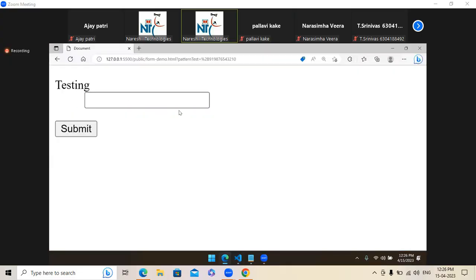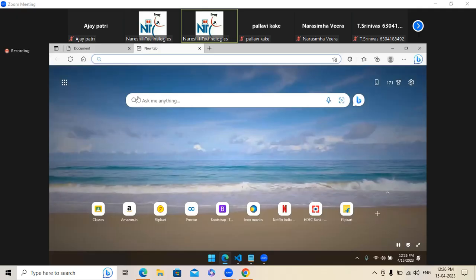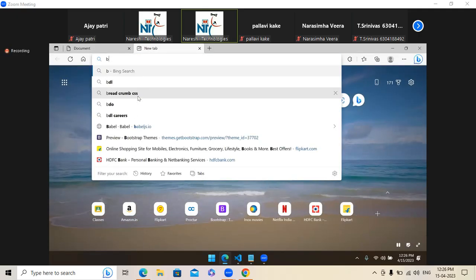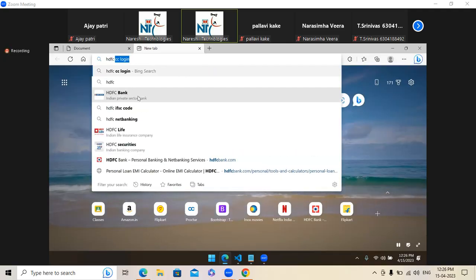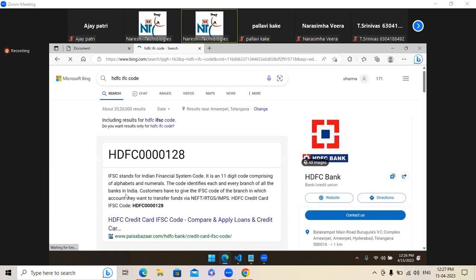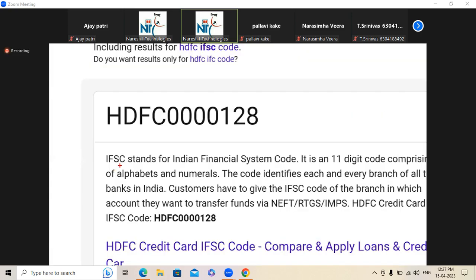Now, I will show you one more here. See, let's see. HDFC IFSC code. Okay, HDFC IFSC code. It looks like this. In this, the first 4 characters must be uppercase HDFC. After that, 4 zeros, also the same.